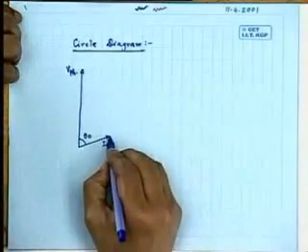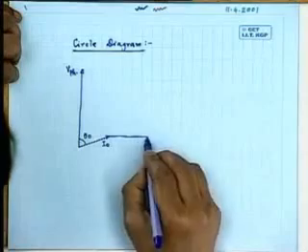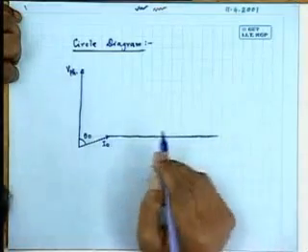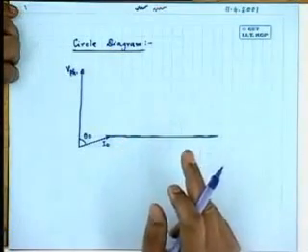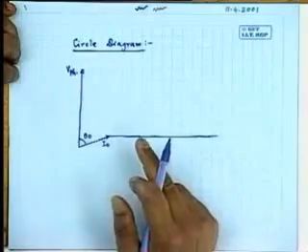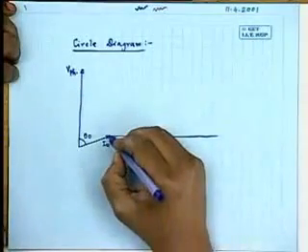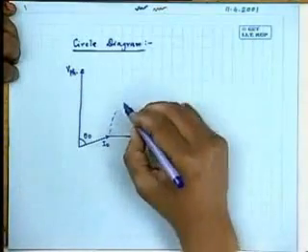Now the circle diagram will look like this: the parallel branch, where R1, X1, X2 dash and R2 dash by S are in series. The circle diagram of that will be of this nature.